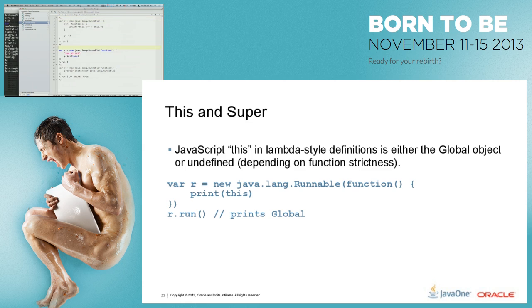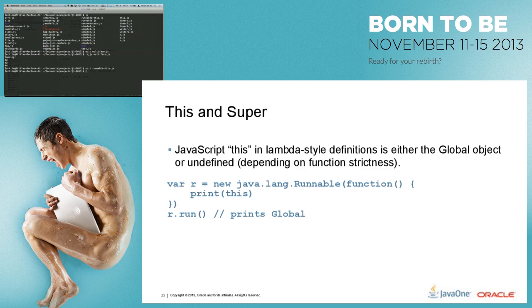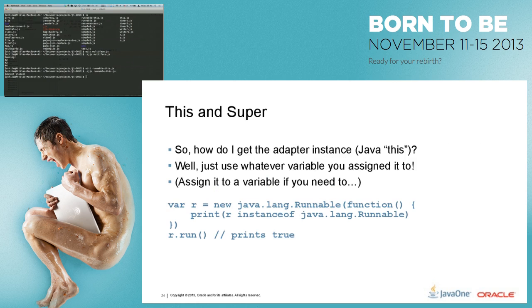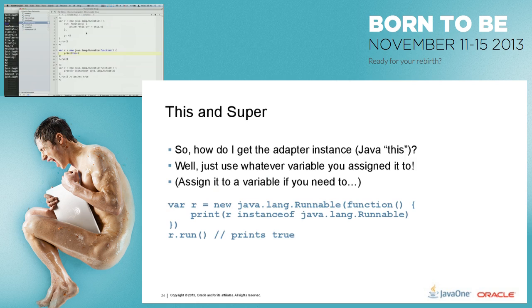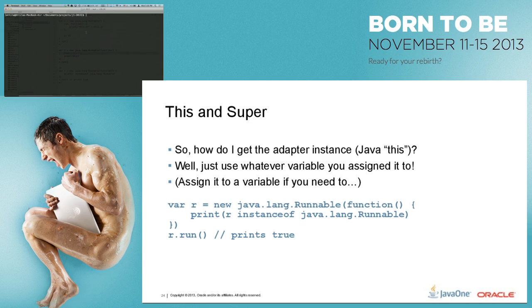Yep. So this one, I'll disregard the other ones that I commented out, is that if you run this on its own, you see that you get the object global as the value. And if you actually say that this function should be strict and you run it, then you're actually getting undefined, which is as it should be.